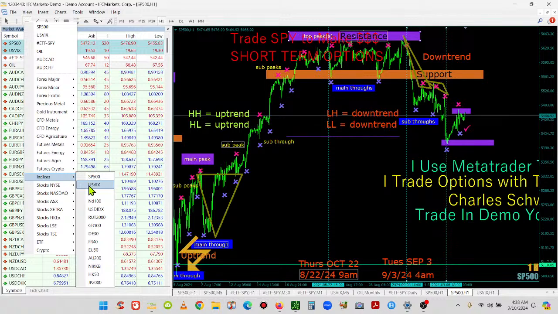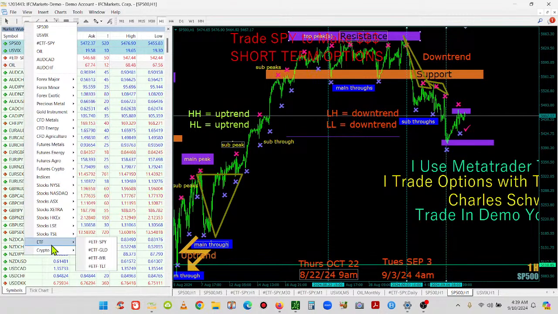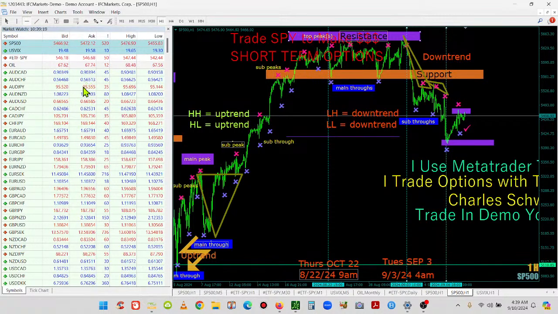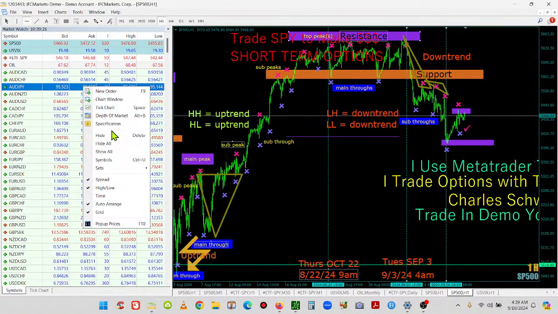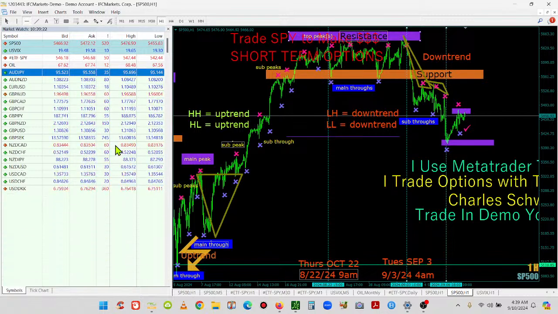You could also open the VIX. We use the VIX, US VIX, S&P 500. Don't overcomplicate it. Just do these two of this group in indices. And then the ETF, you want the SPY. After you have them open, then you're going to hide all. And why do you hide all?